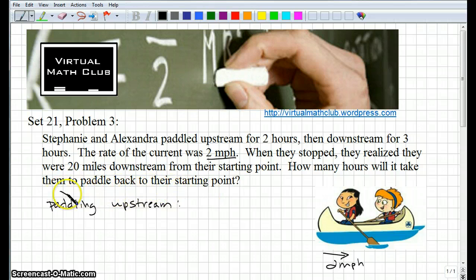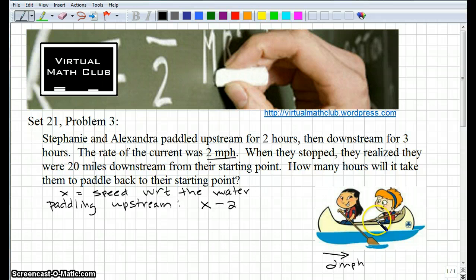Okay, so I'm going to say x is equal to their speed with respect to the water. So x is their speed with respect to the water. And when they're paddling upstream, their speed is x minus 2, because the water is pushing them back.